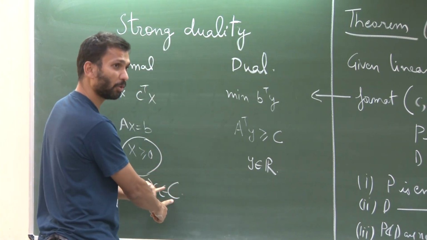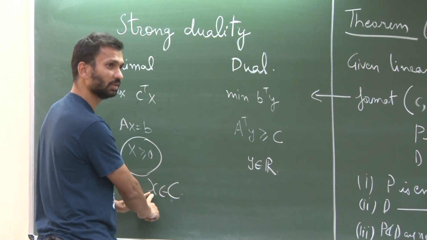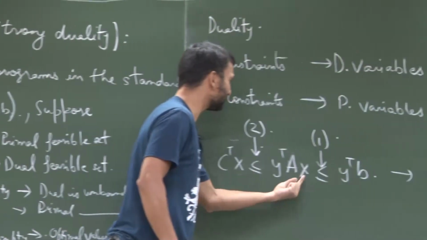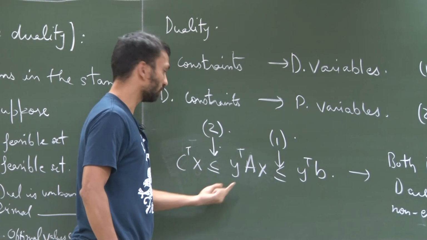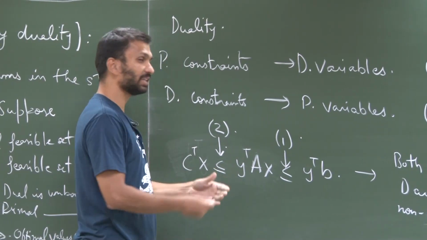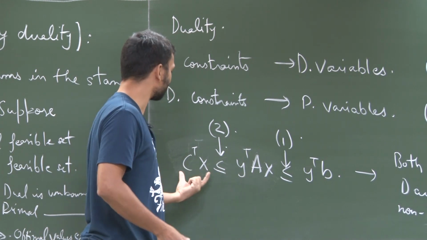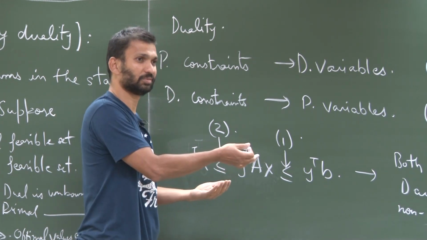the dual will be all the things which have positive inner product with everything here, right? Why were we saying X should be positive? Because X positive is the elements which will always give you positive when multiplied by something which is positive.